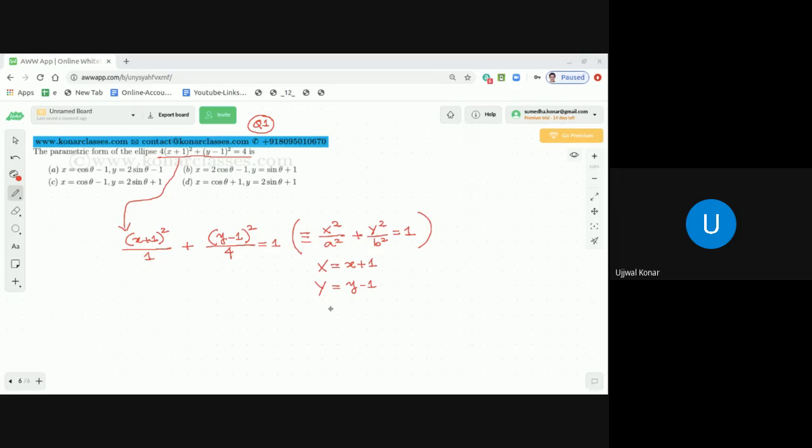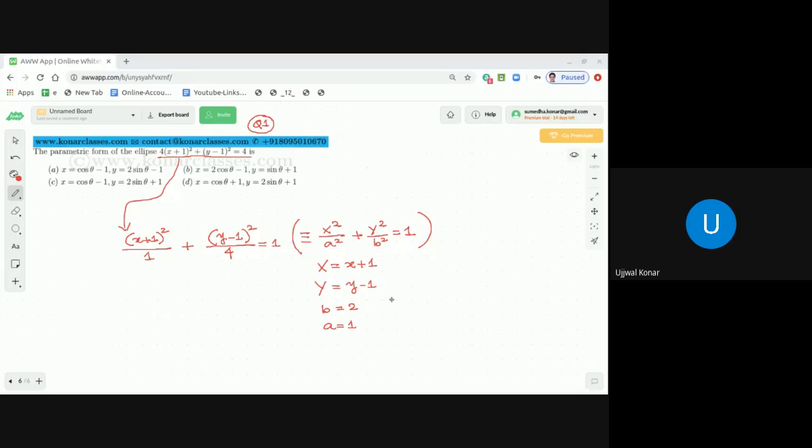And we know that a squared is equal to 1 and b squared is equal to 4. As these are the lengths of the semi-major and semi-minor axes, we can write that b is equal to 2 and a is equal to 1. Correct, dear students? We take the positive square root.